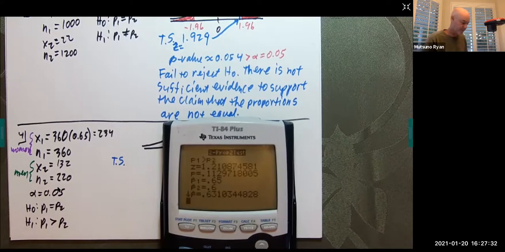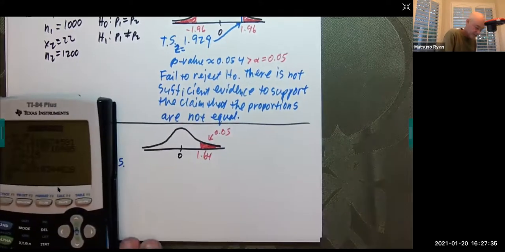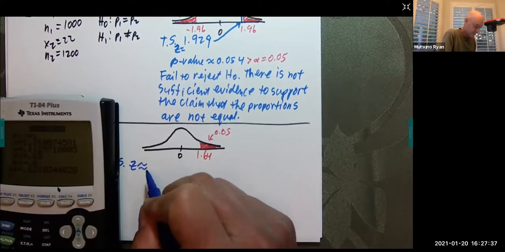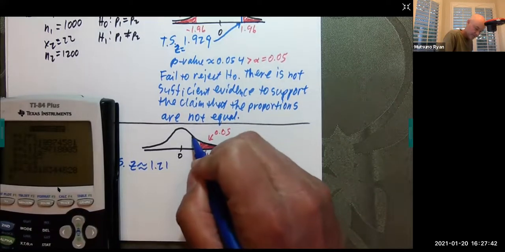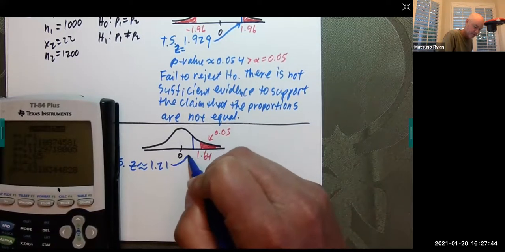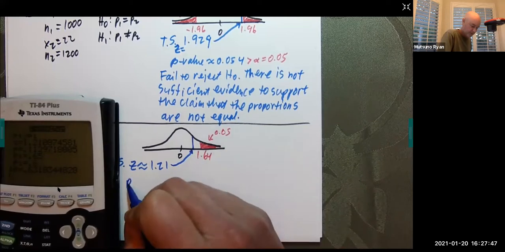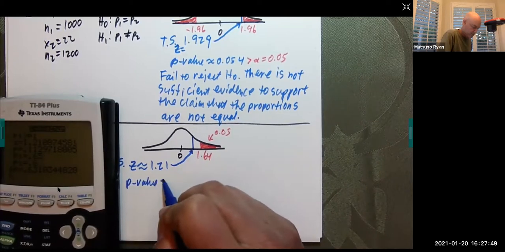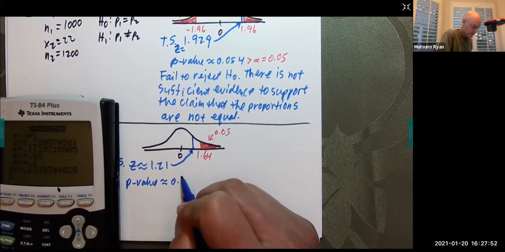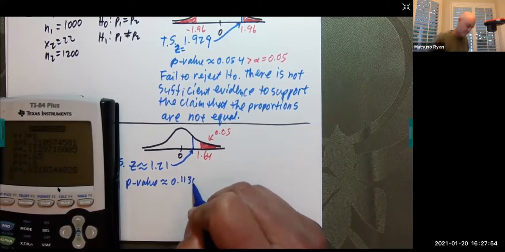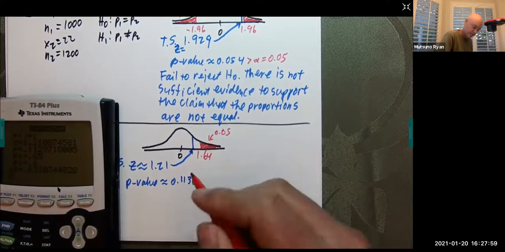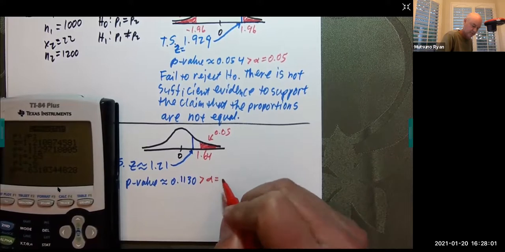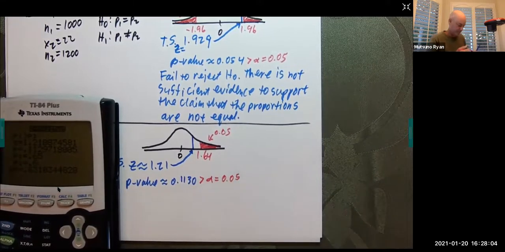Here we go. I got that z is about 1.21, which is about, I'm exaggerating this a bit, right there. P-value is about 0.1130, which is larger than my alpha. Significantly larger, actually.